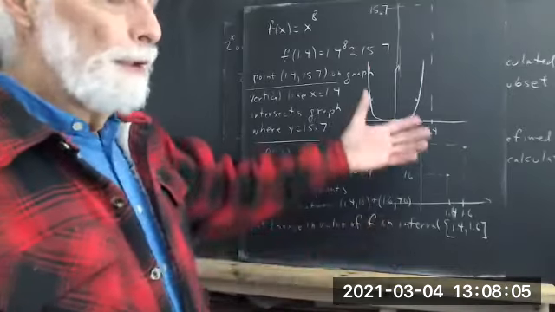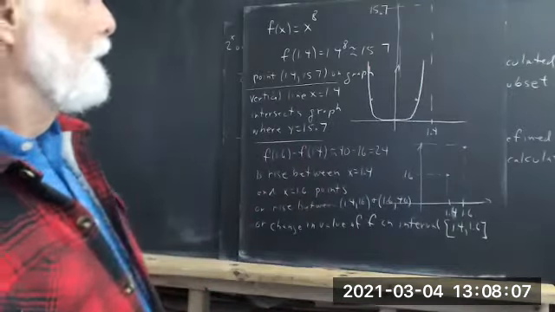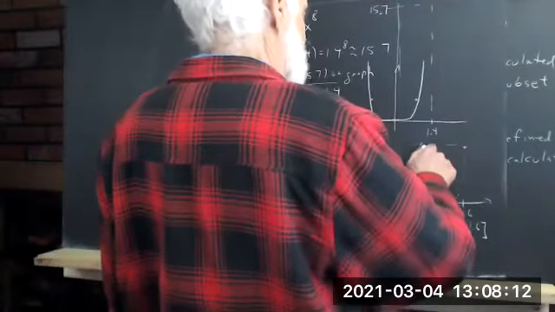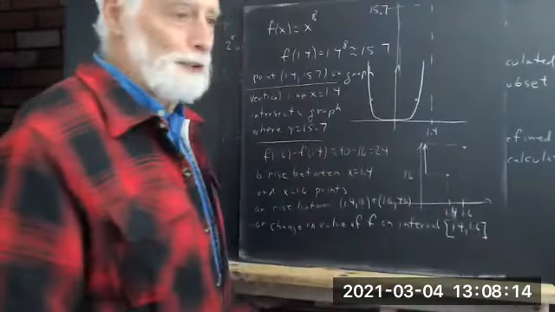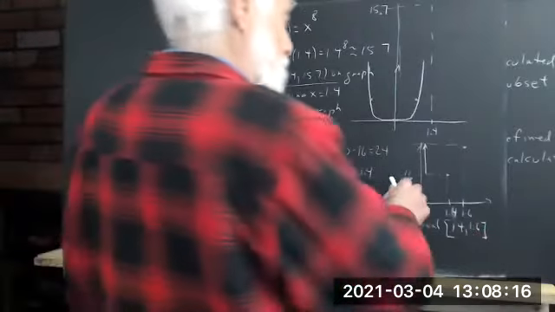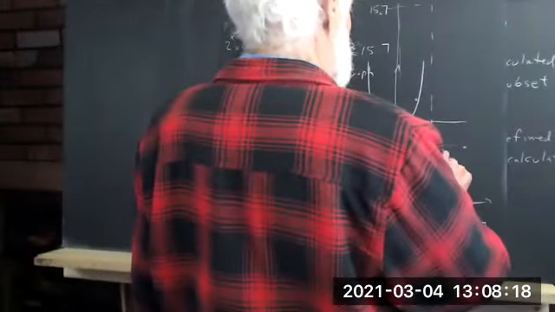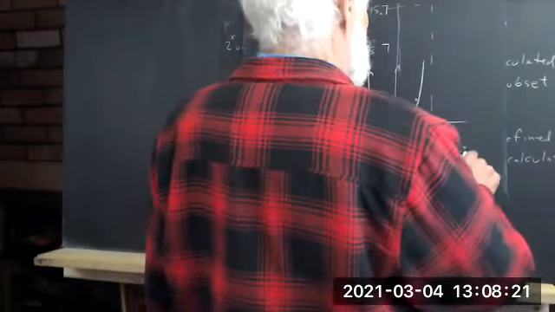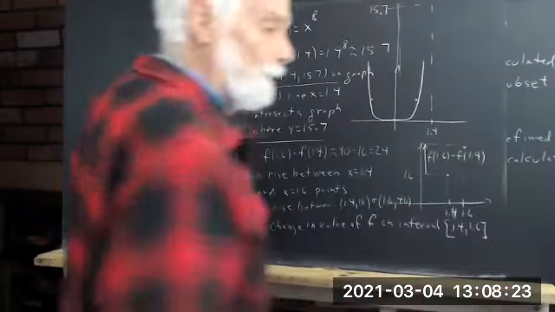In other words, in some way or another, I want you to understand and show that you understand that it's this. And you could even do that on a graph. You could say that's f of 1.6 minus f of 1.4.